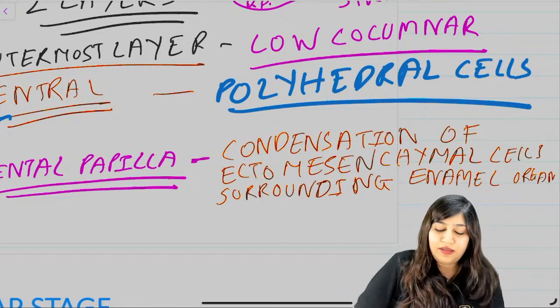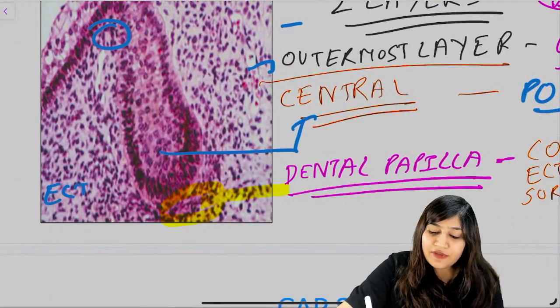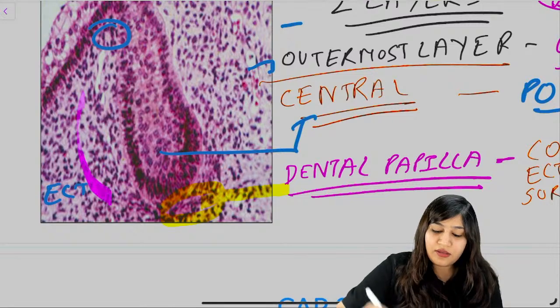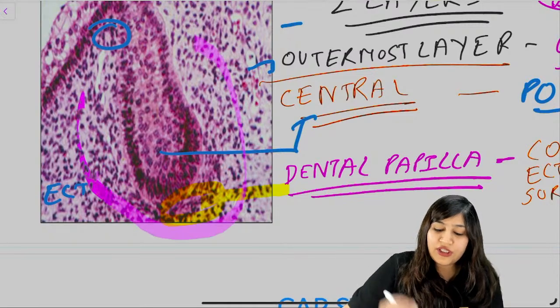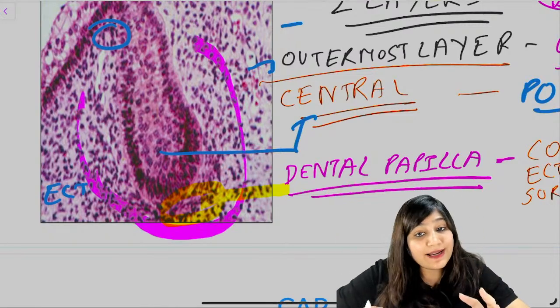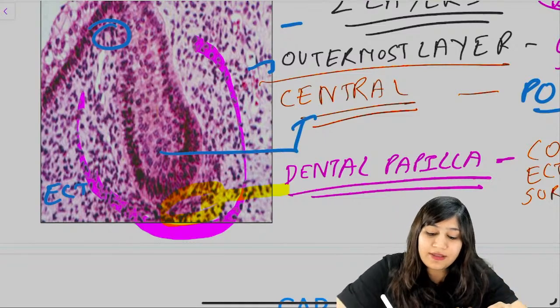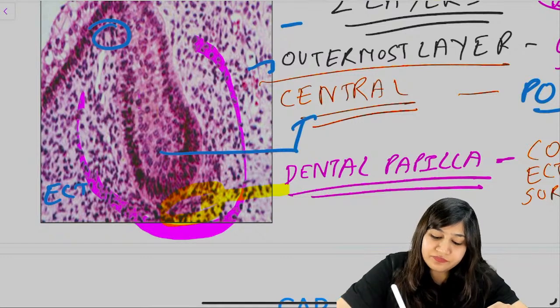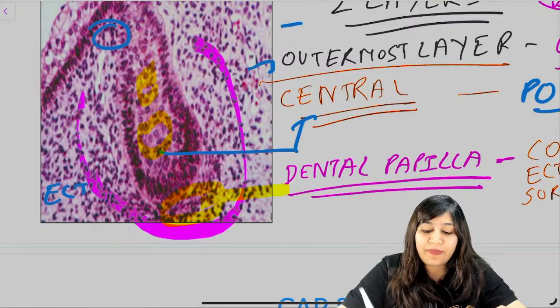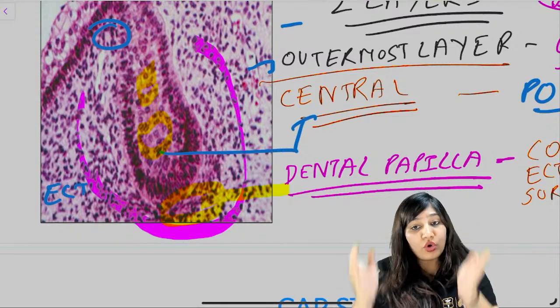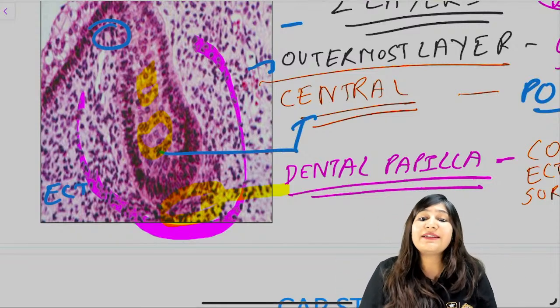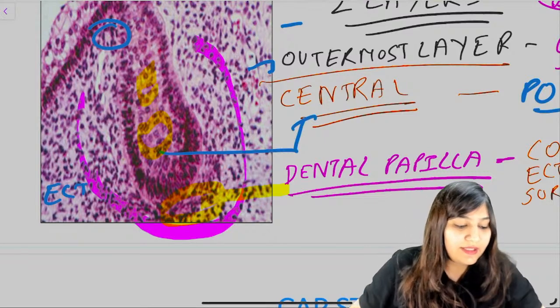And again we have a structure here which is surrounding both the condensed ectomesenchymal cells as well as the enamel organ. This is our enamel organ. So the structure surrounding both the enamel organ as well as the dental papilla is our dental sac.